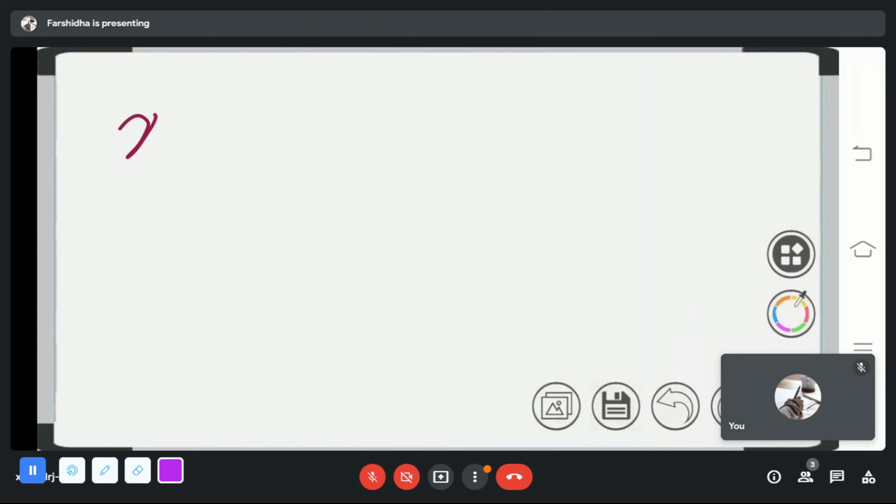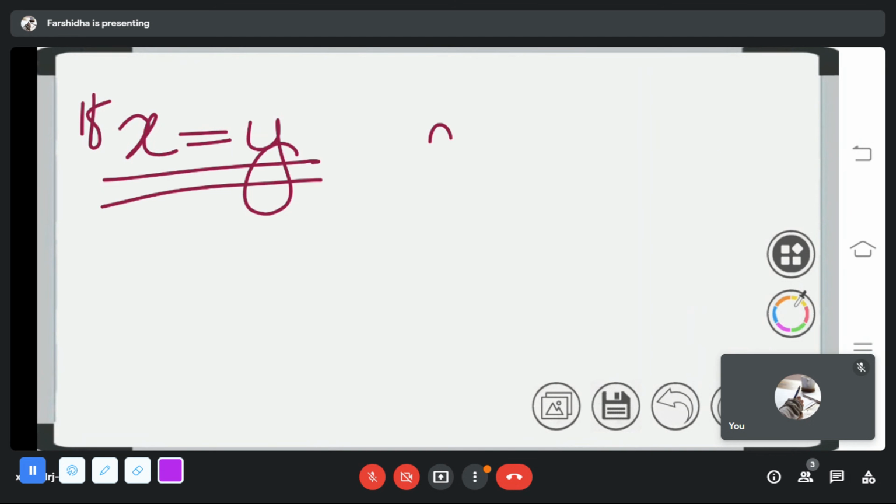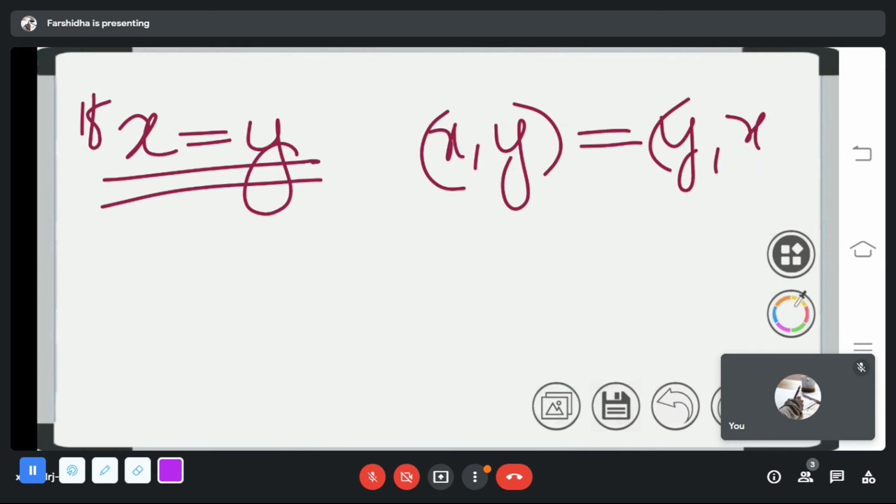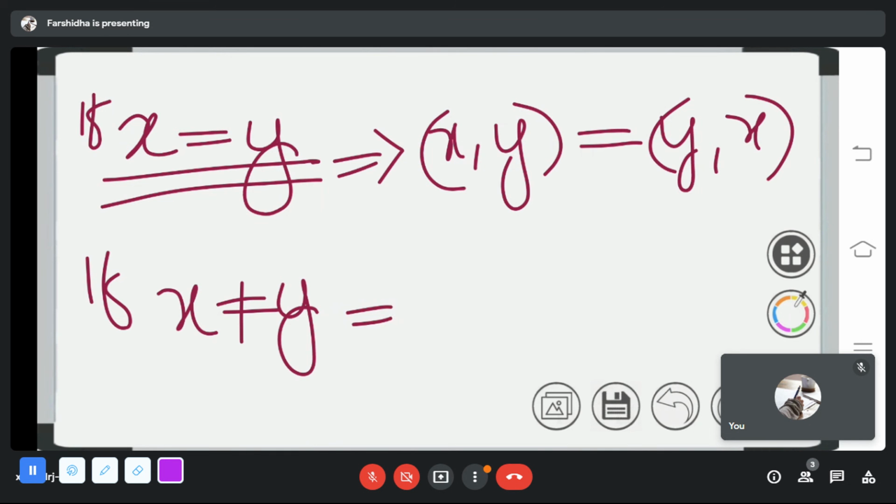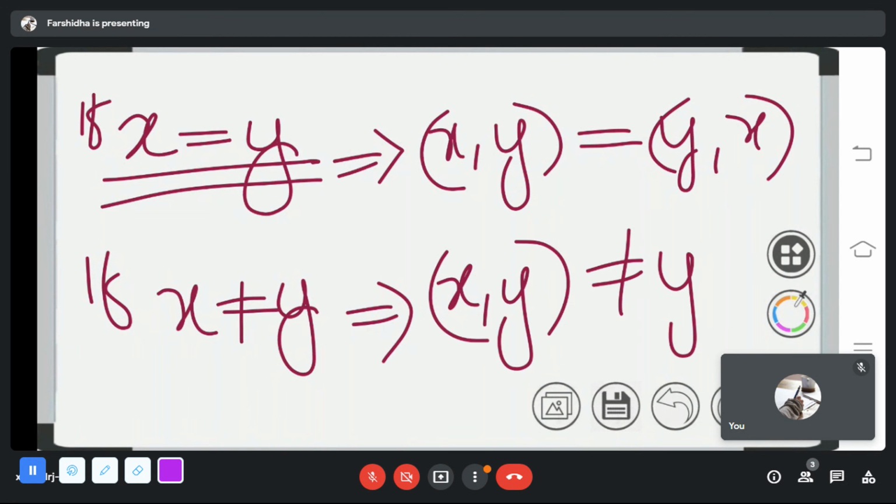See, if x is equal to y, you can write the coordinates (x, y) is equal to (y, x). Reverse, if x is not equal to y, in this case you cannot write it like this, so you need to write (x, y) not equal to (y, x). These are the two conditions.